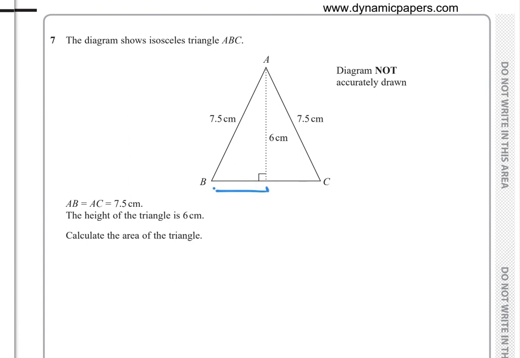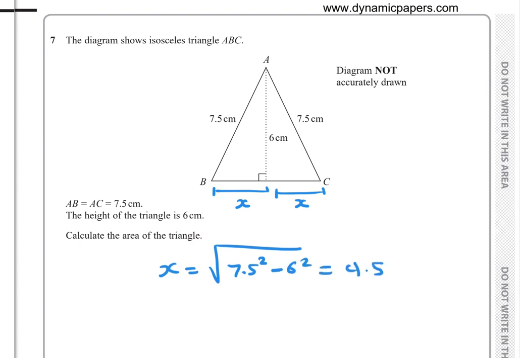if we consider this side x, then this side is also x, because this is an isosceles triangle. Now to find x, you can use Pythagoras theorem. So x equals the square root of 7.5 squared minus 6 squared, equals 4.5 centimeters.